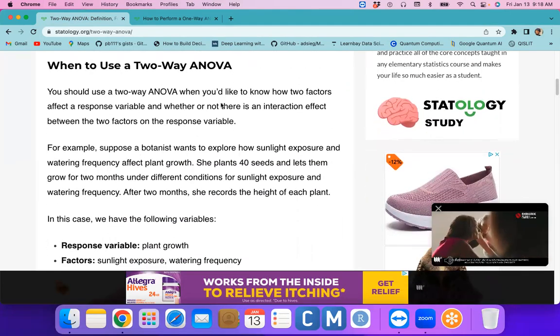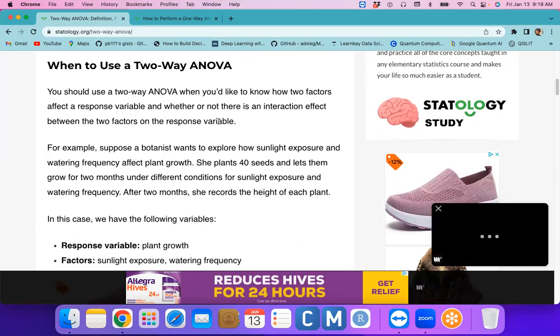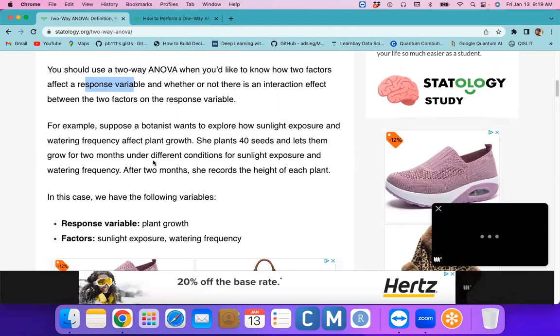Sometimes it includes the interaction, meaning the combination of those two groups also. We would like to know the two-factor effects on a response variable, the dependent variable, and whether or not there is any interaction effect between the two factors and the response variable.